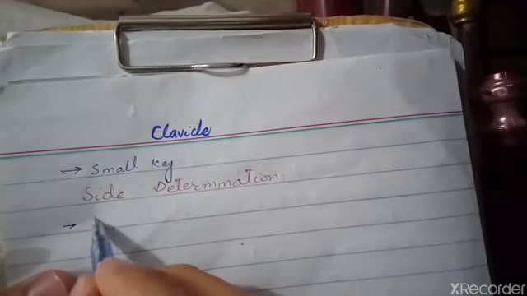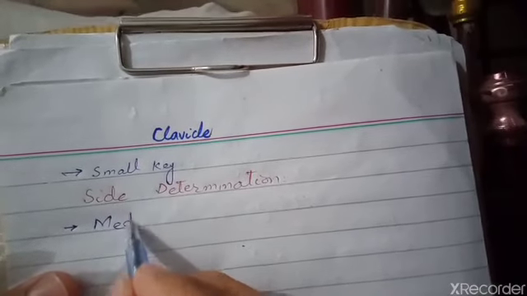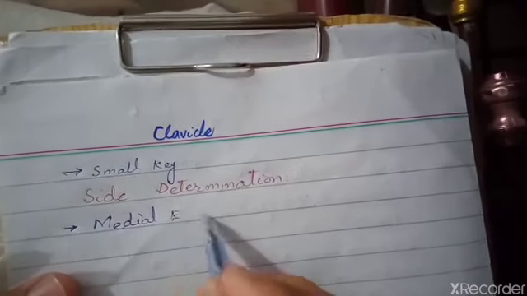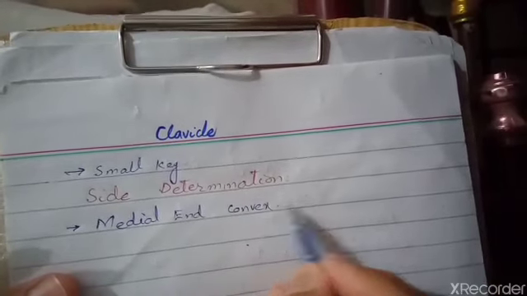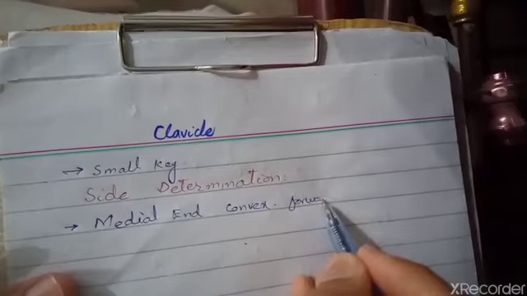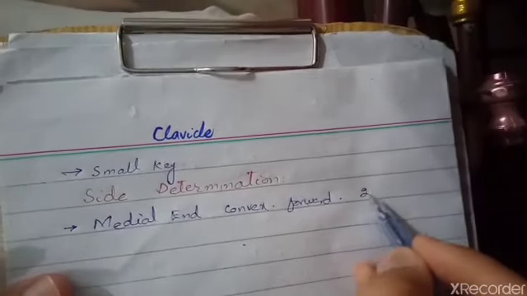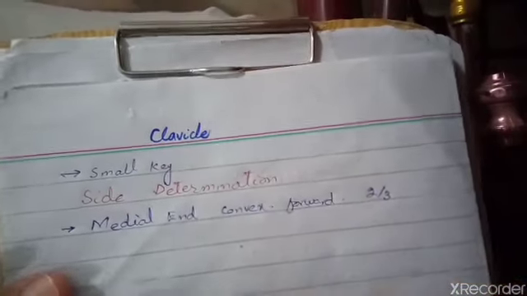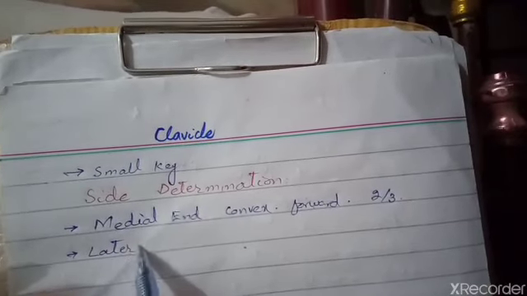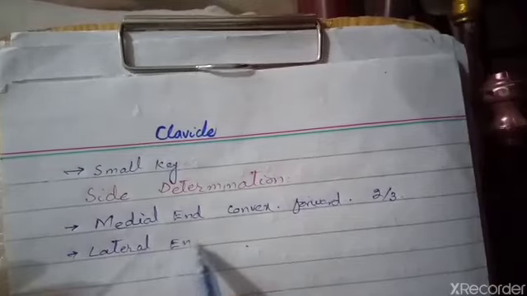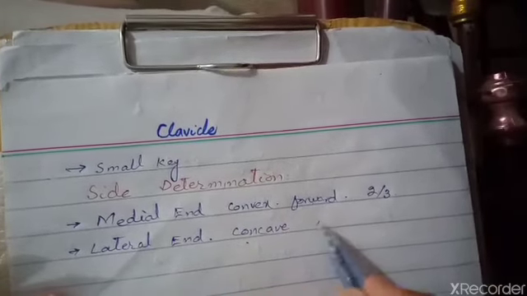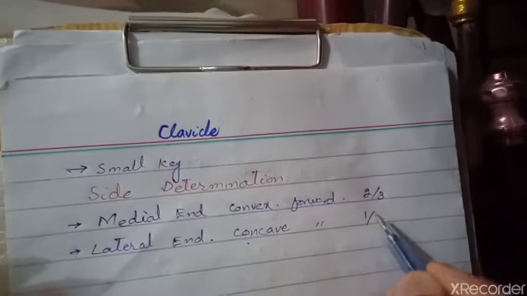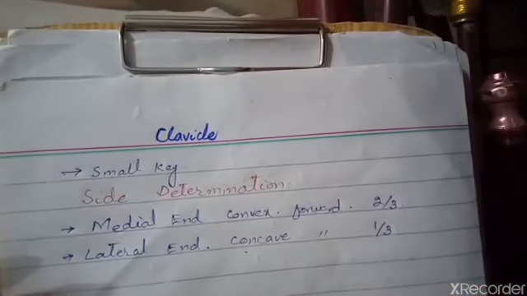First of all, its medial end is convex forward, and this is 2/3 of the total shaft, and its lateral end is concave forward, and it is 1/3 of the total length of the shaft.